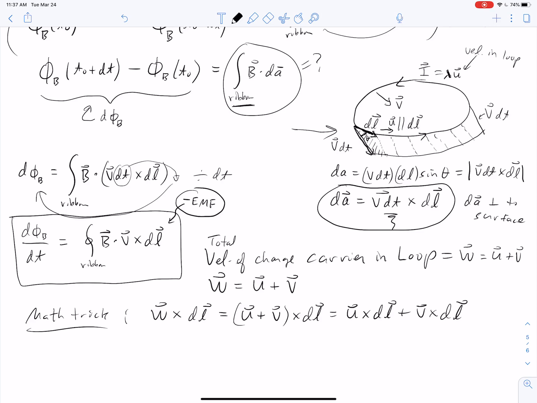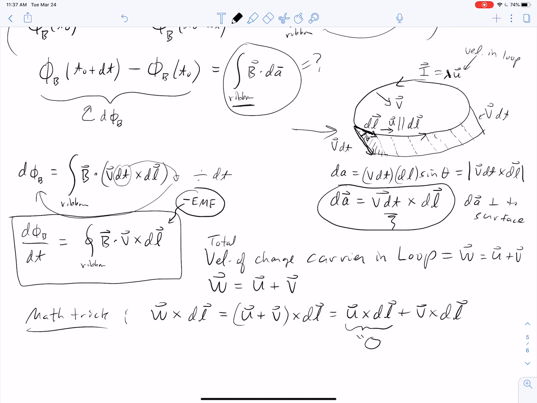They have to be. dl is always pointing in the direction the current is flowing in the loop. And so dl and u are always pointing in the same direction at every point on the loop. And so what that means is u cross dl has to equal, can you guess? 0. Because the cross product between parallel vectors is 0.